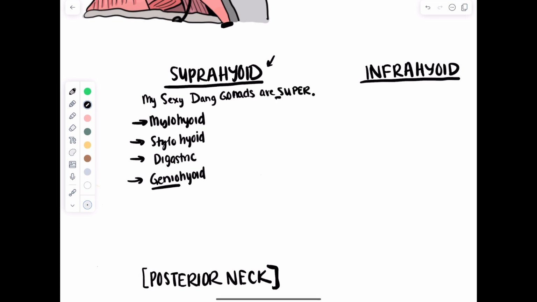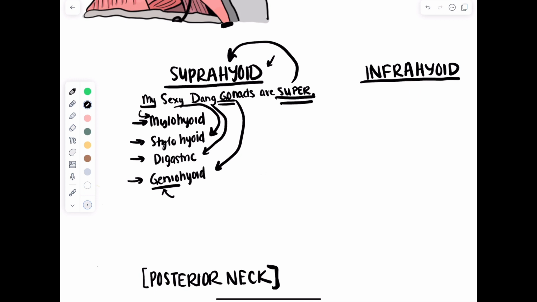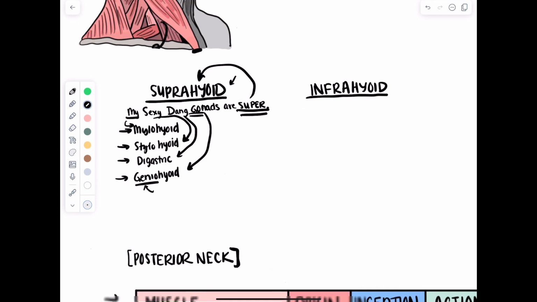Super reminds me that I'm talking about supra. See how the letters spell gonads, and I do this because it reminds me that it is genio, which sounds like gyno, so that makes me think that way. So that's how I remember it. If you have another way of remembering it, there you go. But that's my little way of remembering those 4.